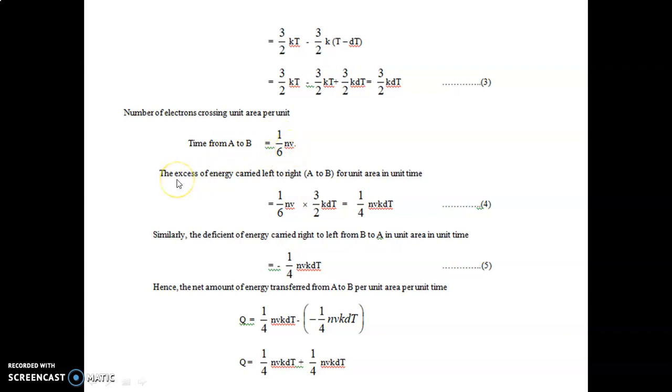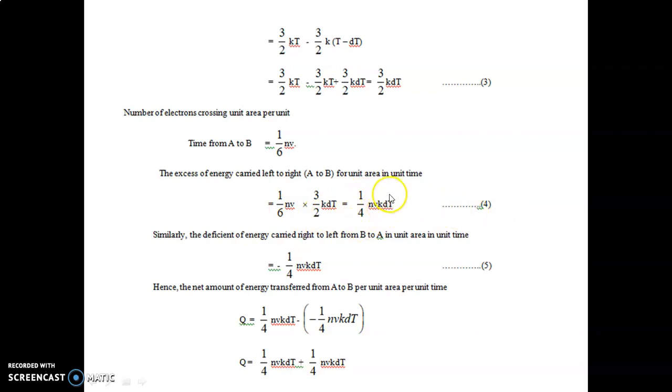Now, the total excess of energy carried by electrons per unit area per unit time from A to B is this number of electrons into energy. This is the total excess energy carried by electrons when transferred from A to B. If you multiply these two, what we get is 1 by 4 into n v k into dT.